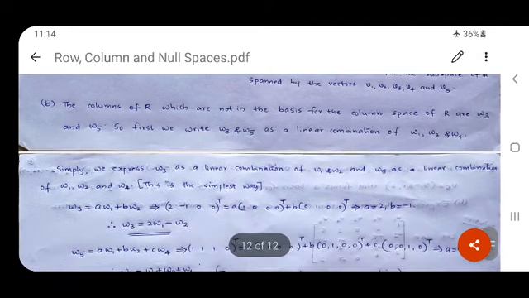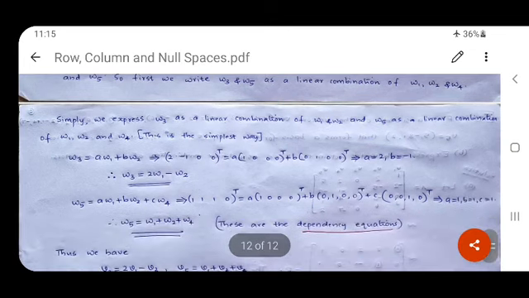Expressing w3 as a w1 plus b w2, we get (2, -1, 0, 0) transpose, because it's a column vector, equal to a times the column vector (1, 0, 0, 0) plus b times (0, 1, 0, 0). Solving it, we get a equal to 2 and b equal to -1, which means w3 is 2w1 minus w2. Correspondingly, replacing w with v, v3 is equal to 2v1 minus v2.